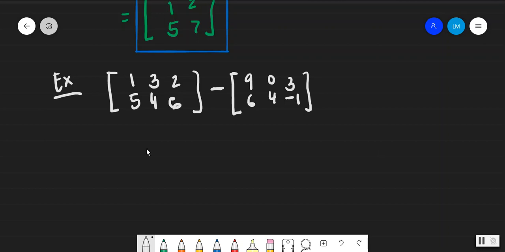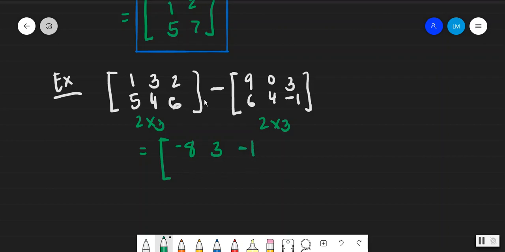So first off, you need to make sure that the dimensions are the same. This is a 2 by 3, and that's a 2 by 3. So matrix addition or subtraction is possible. We have 1 minus 9 is -8. 3 minus 0 is 3. 2 minus 3 is -1.